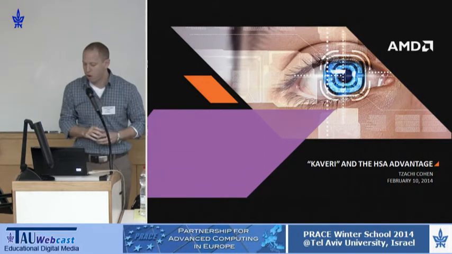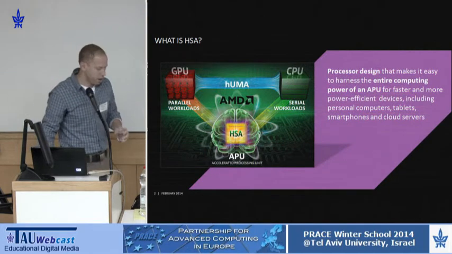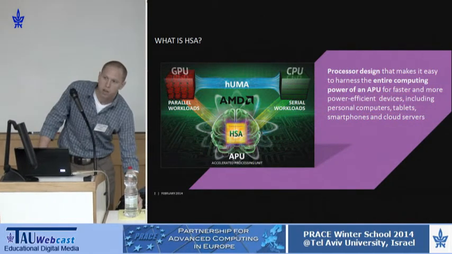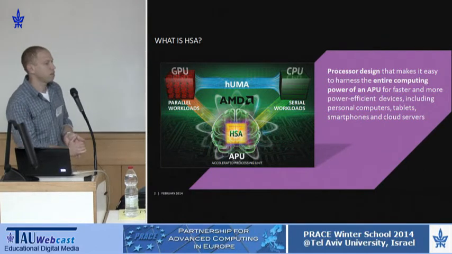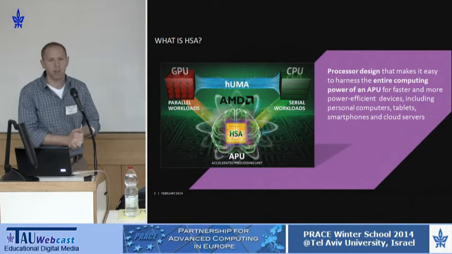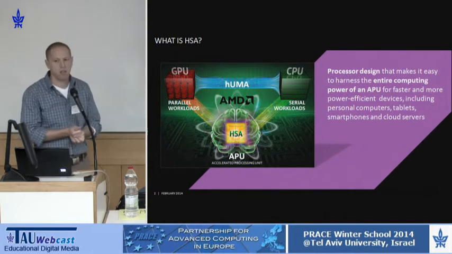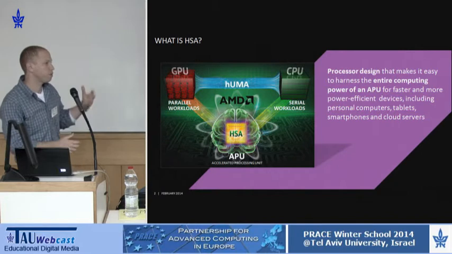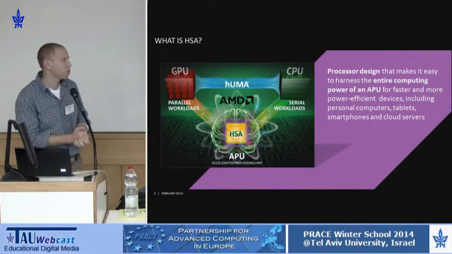And how are we going to do that? Two years ago, AMD incepted a standard called HSA. We created it, but many companies joined in, and we created a consortium. HSA is a system architecture comprised of requirements from the hardware and API to be implemented by the software.